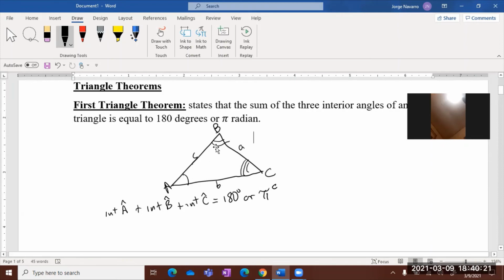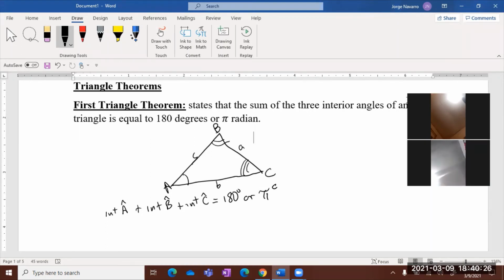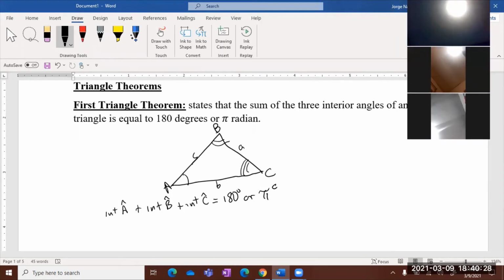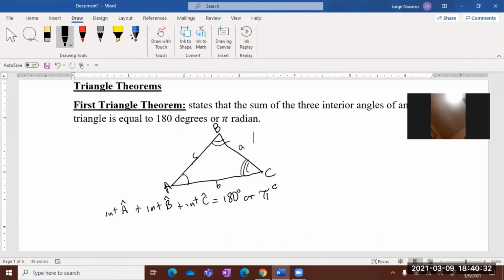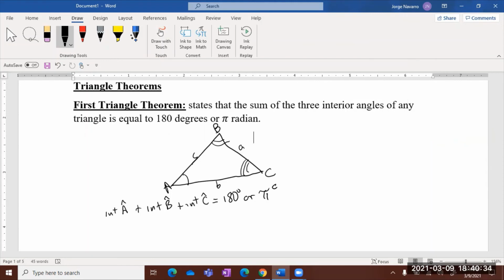So 30 and 50 is 80, that means C has to be 100 if this theorem is to work. That's all it's saying. So these are set theorems, set rules that geometric shapes, in this case the triangle, must follow. Questions, guys?